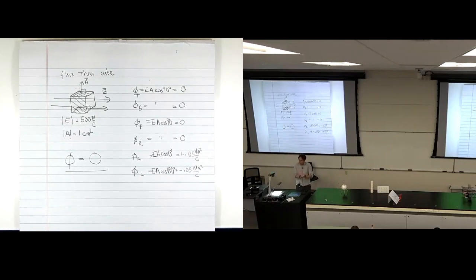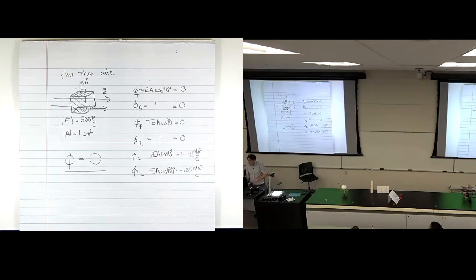You could imagine every field line that goes in would come out, and therefore, for any shape, not just a cube, the total flux through the surface in a uniform field is going to be 0. Okay, now go do Gauss's law.